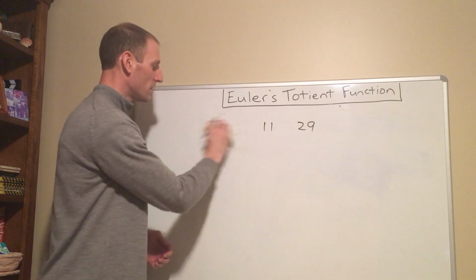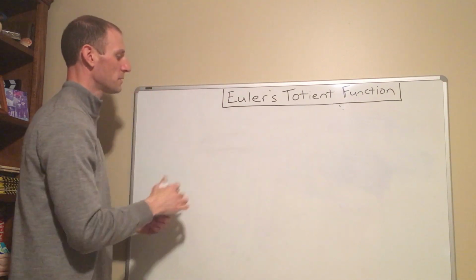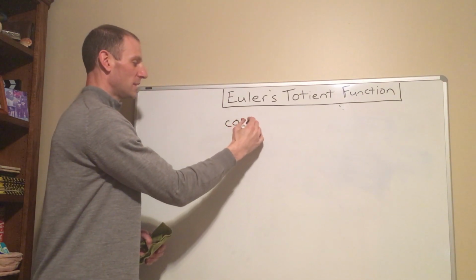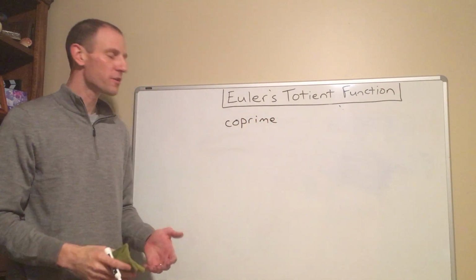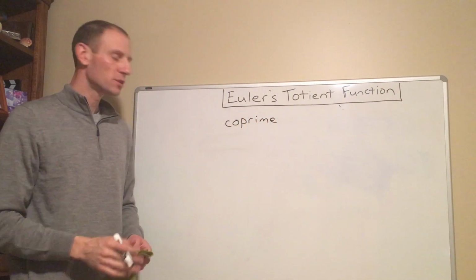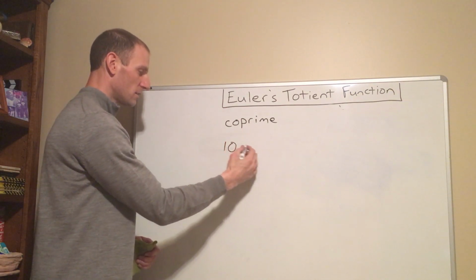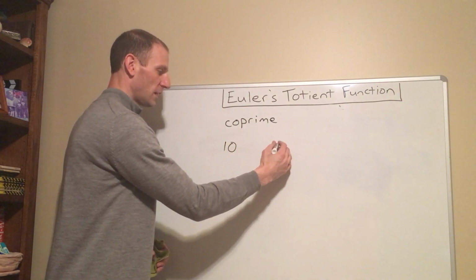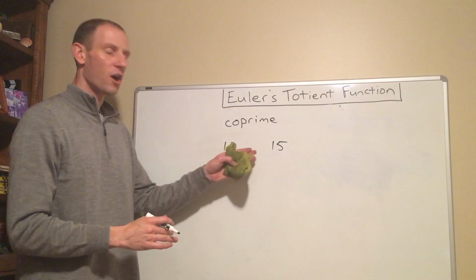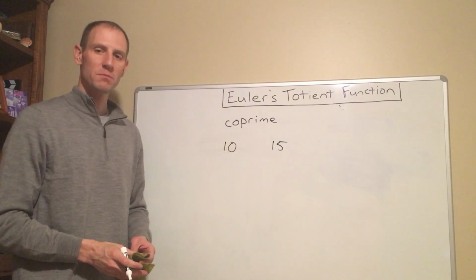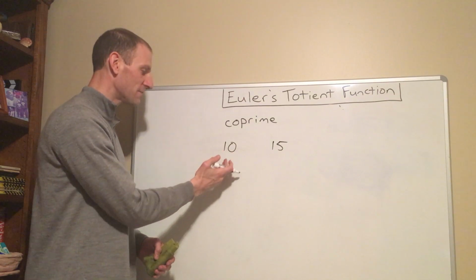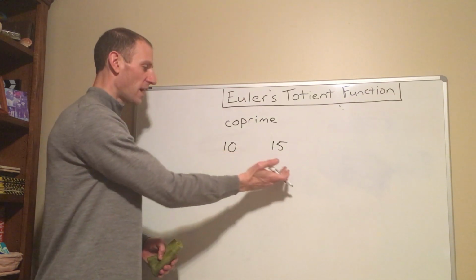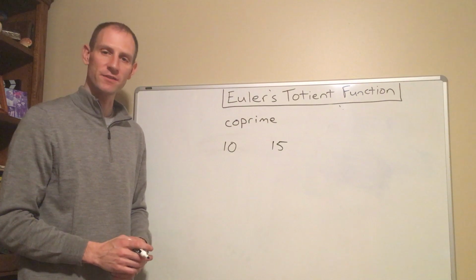When we talk about numbers that are co-prime, that means that they don't share any factors other than the number 1. So let's look at the number 10 and the number 15. These are not co-prime because they share the factor of 5. 5 fits evenly into 10, and 5 also fits evenly into 15.